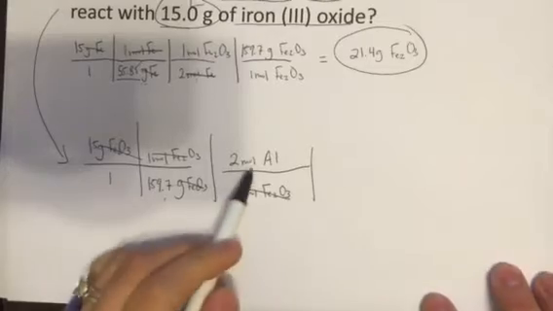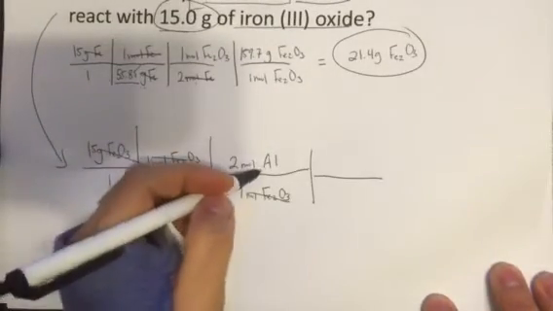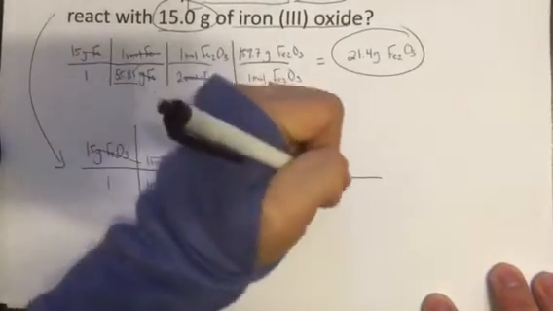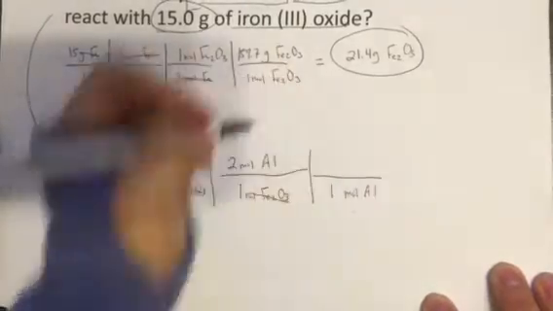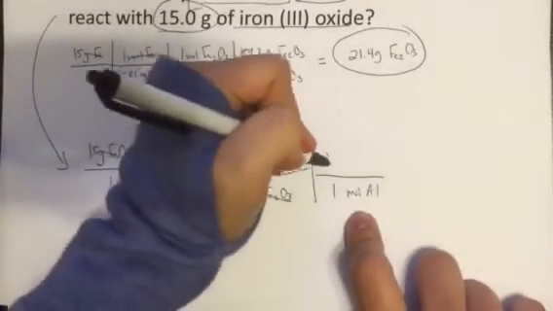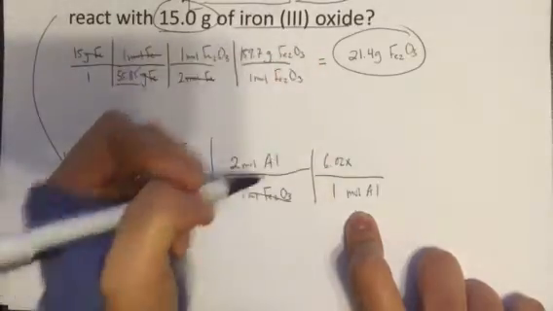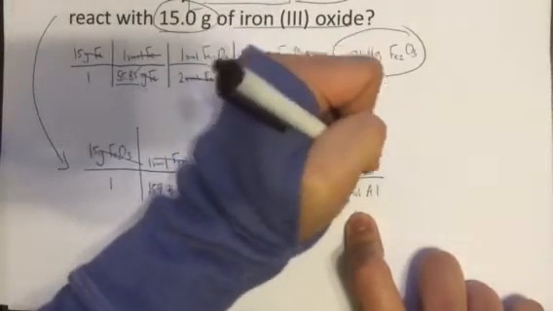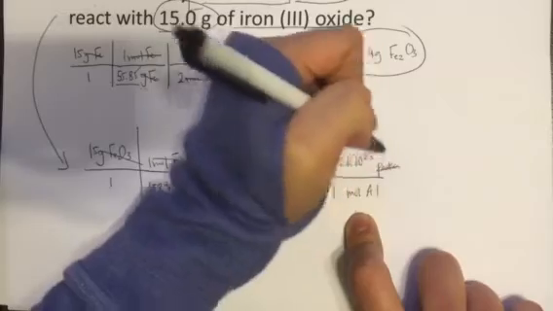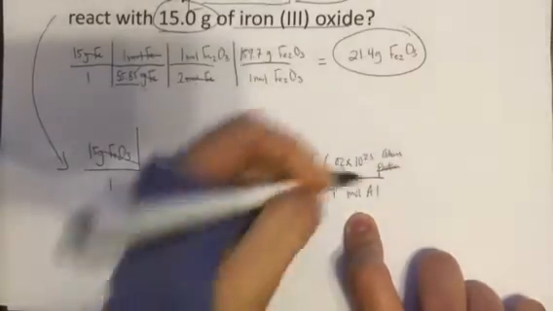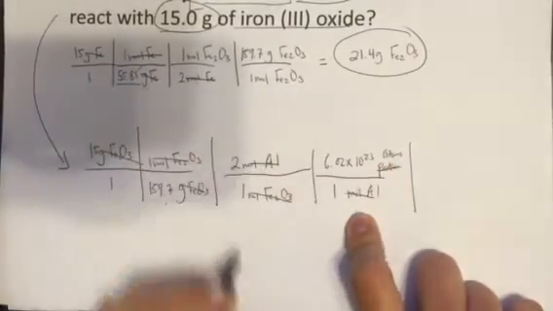So then I have to say, okay, if I have moles of aluminum here, I need moles of aluminum down here. So every time I have 1 mole of aluminum, how many particles do I have? The answer is 6.02 times 10 to the 23 particles, or rather atoms in this case, right? Then that cancels and that cancels.